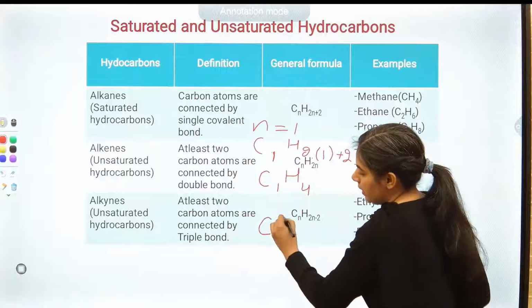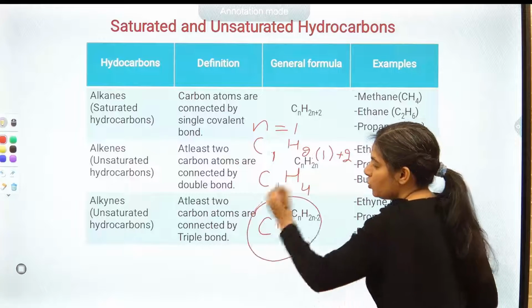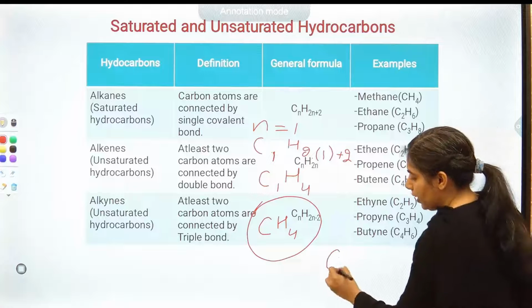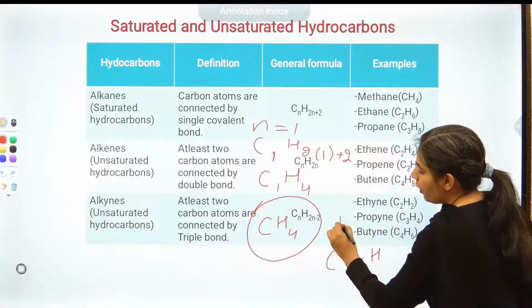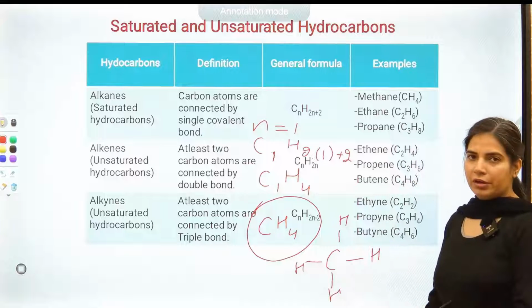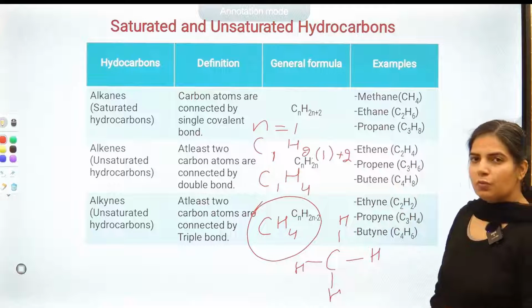Simply we can say CH4. So CH4 is methane. Here carbon has 4 hydrogens and all are singly bonded. Let's move to the next case.